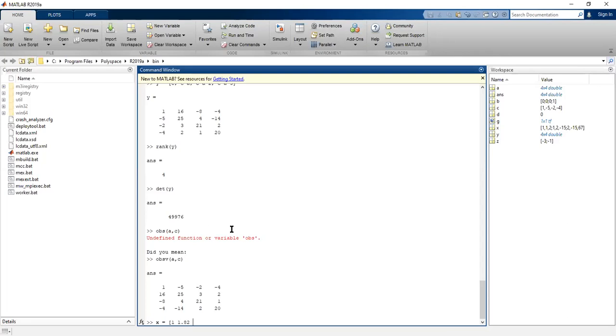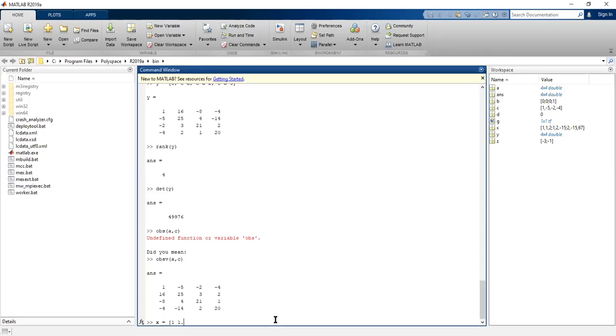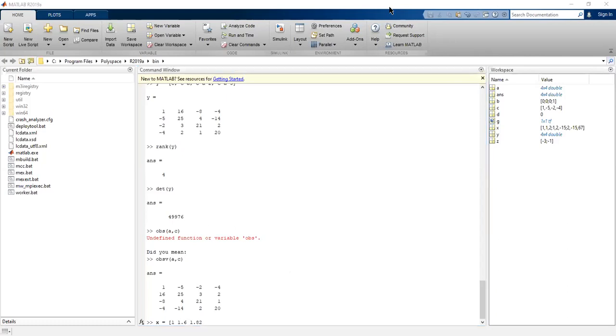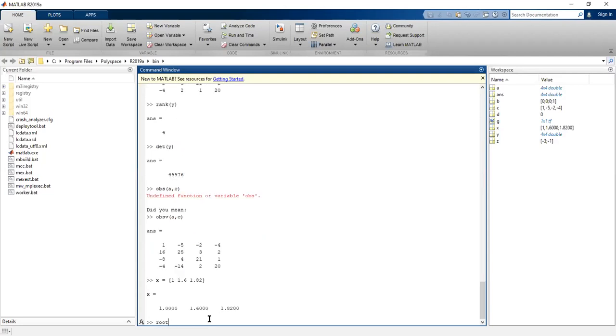Put in the 1.6, 1.82. Close the bracket. And then we're going to find the roots of x, so we want to solve that equation for the roots of x.